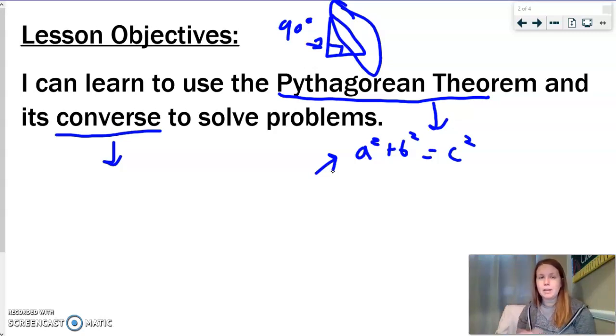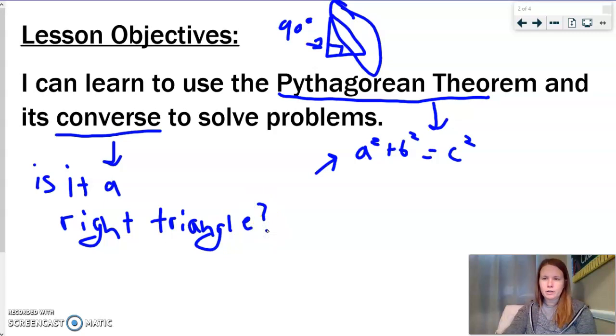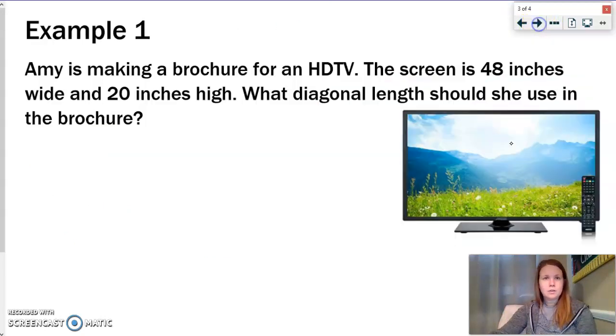And that's what they mean by that converse. Is it a right triangle? It's usually what kind of questions you get for converse. So we're just going to use our knowledge of Pythagorean theorem and right triangles to determine some of these questions today.